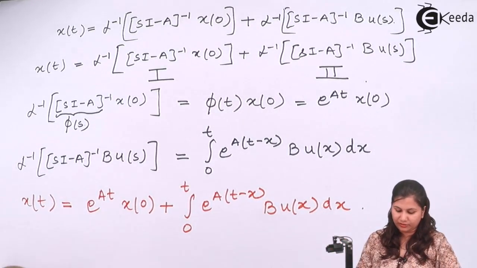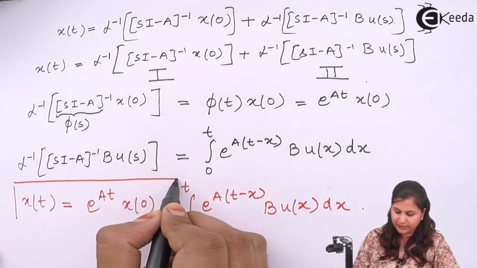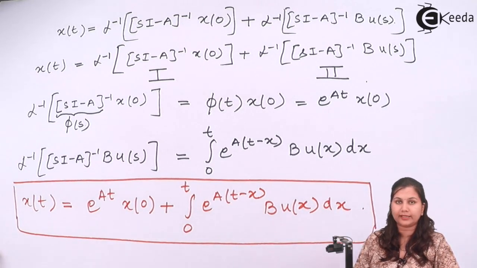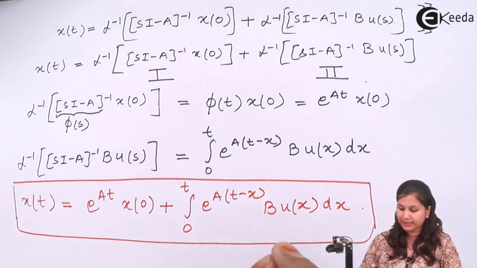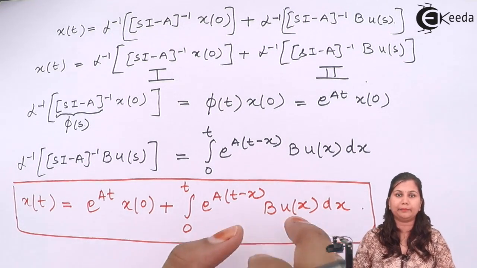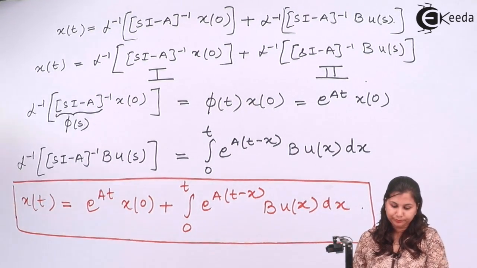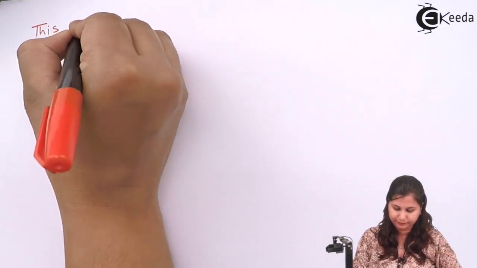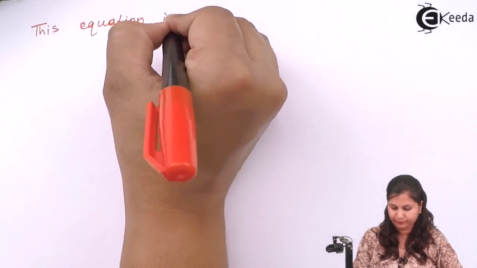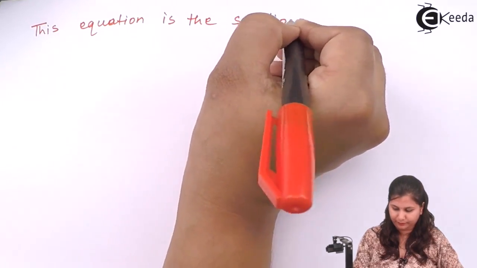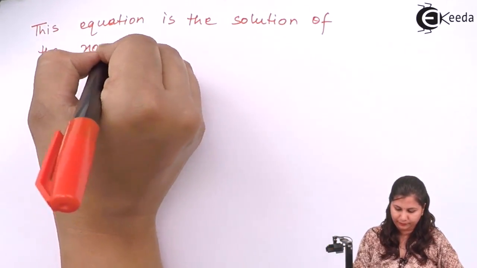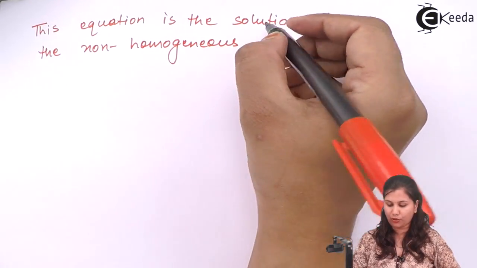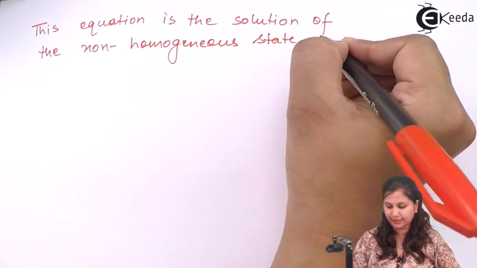So this x(t) equation is the solution of the non-homogeneous state equation, when we are considering our input u(t). So we can say that this equation is the solution of the non-homogeneous state equation.